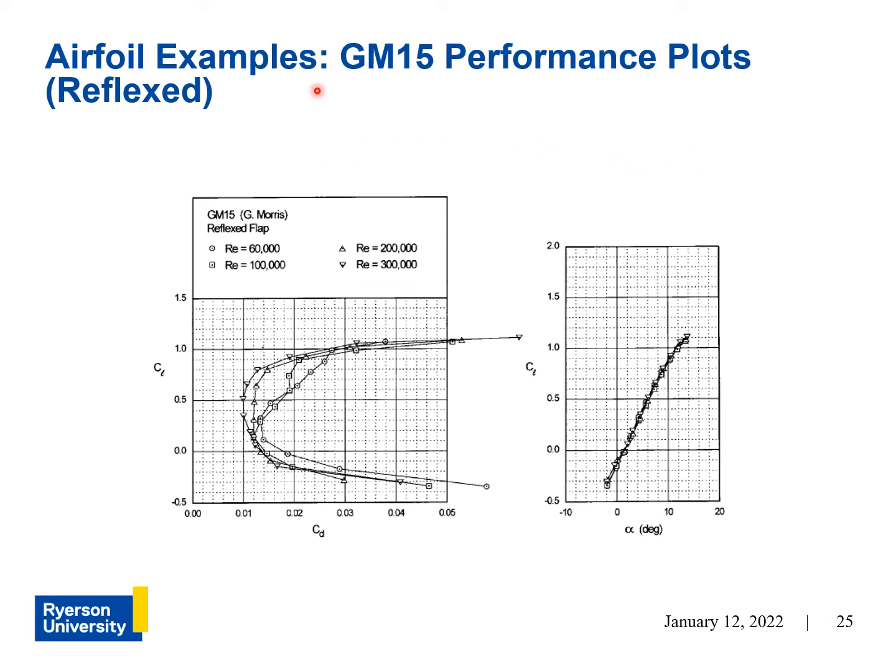Because the GM15 is able to change its shape depending on the load condition, it's able to make the best of both: the advantages of the A18 in its unflapped configuration, and the better climb performance of the MA409 in its reflex configuration.